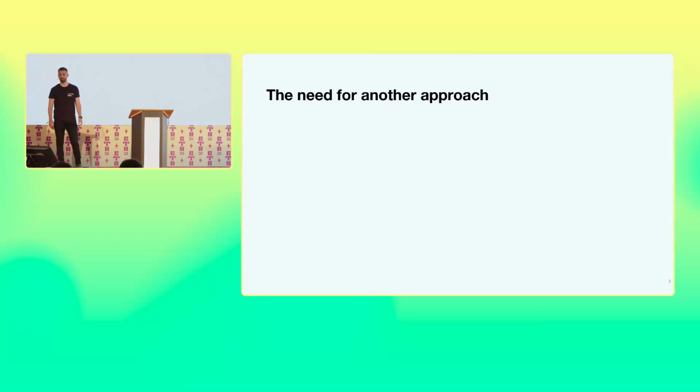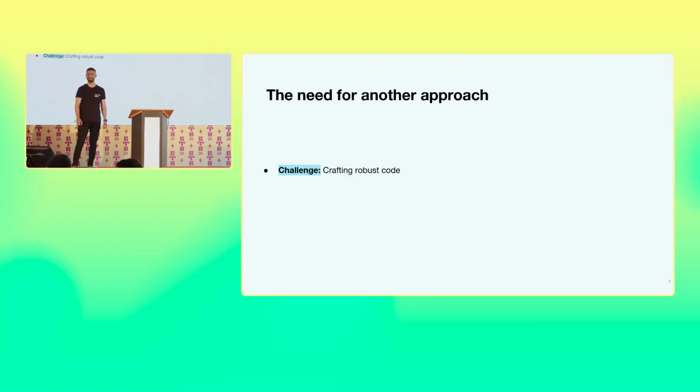So before going into this approach, let's discuss the need for another approach. So how many of you are smart contract developers here? Okay, it's almost half. So I believe that we share the same challenge, and that is crafting robust code.